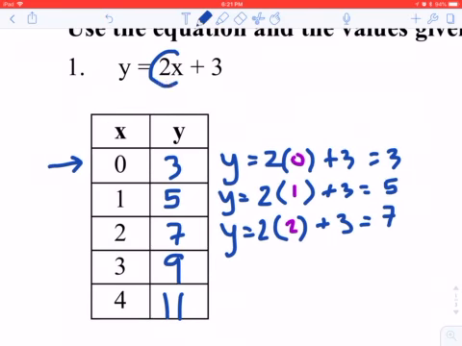Right here. That shows you that the steps for y is going to go up by 2 every single time. This 3 tells you where to start. So that 3 is the same as that one. It shows you that at the beginning, when x equals 0, you started at 3. And every time x goes up by 1, y goes up by 2.